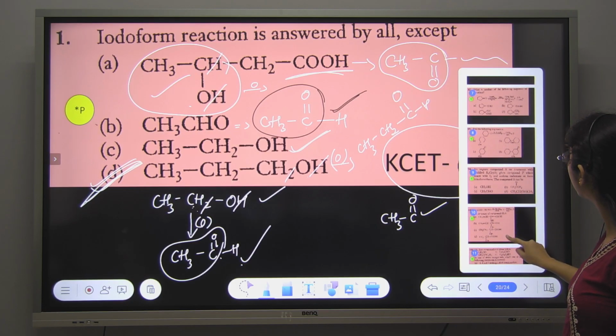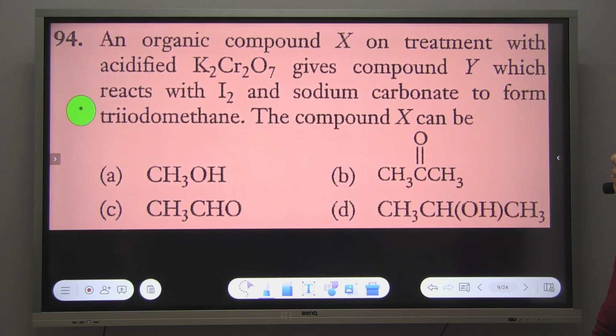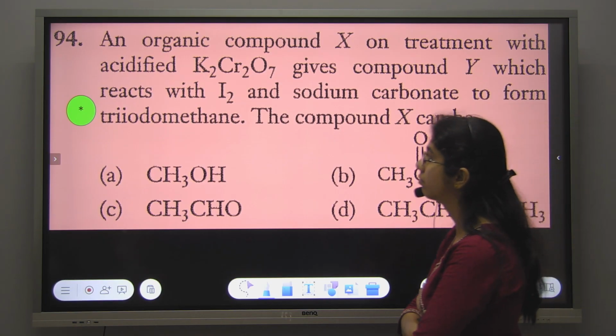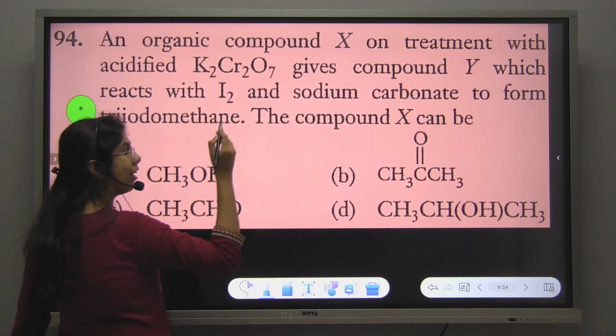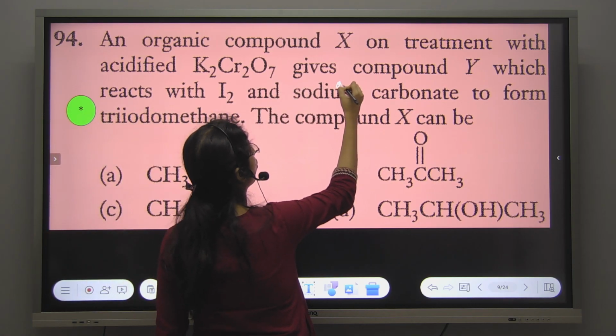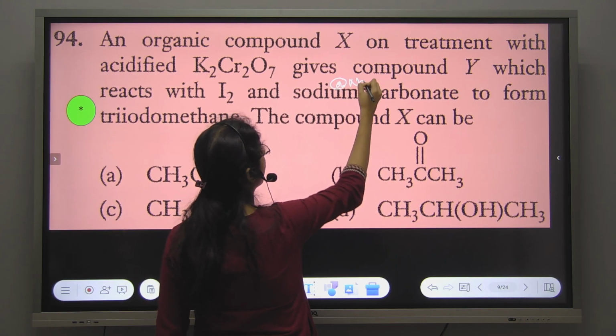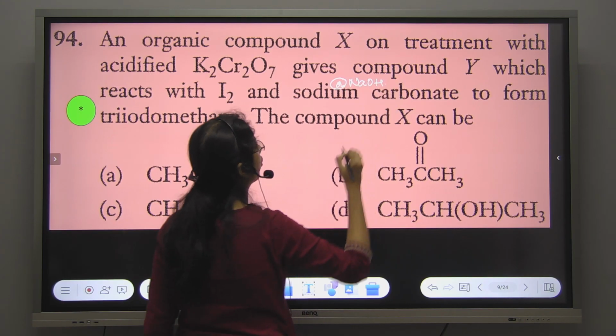Next. Okay, this one. To help you, or as a clue, I will write here sodium carbonate or sodium hydroxide.